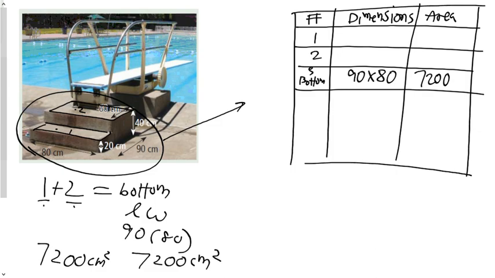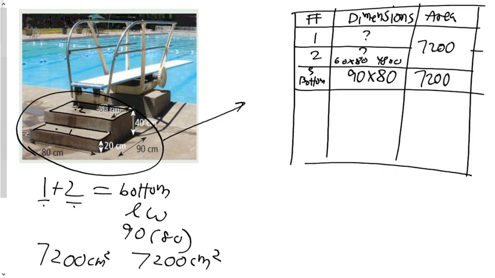I could figure it out if I wanted to, but I don't care. I know together those two are going to equal 7,200 centimeters as well. So I don't care what 1 is or what 2 is. I could calculate it. 2 is, I think, 60 by 80, which would be 4,800.